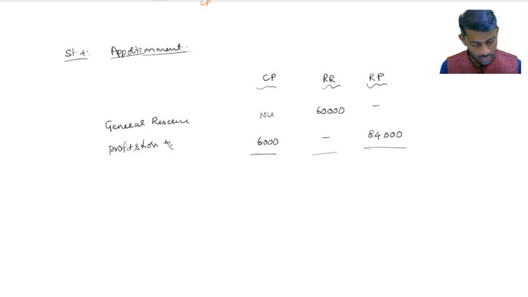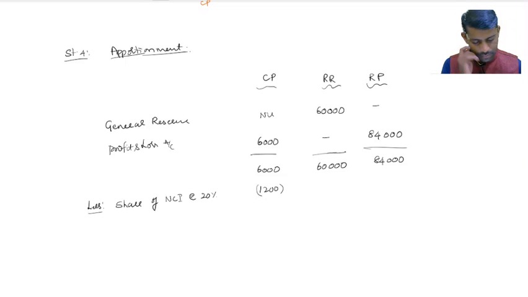So total 6,000, 60,000, 84,000, less share of non-controlling interest at 20%, which amounts to 1,200, 12,000, and 16,800.